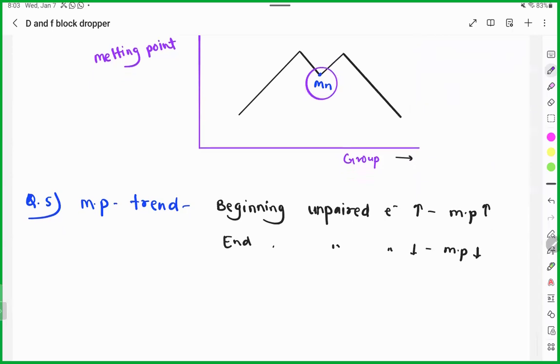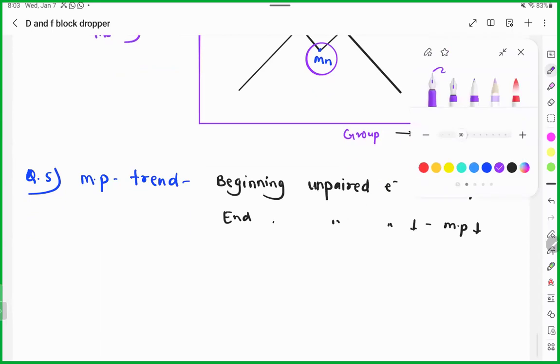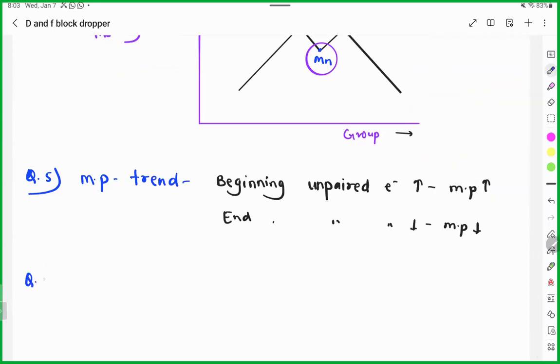Sir, maximum oxidation state. But maximum oxidation state means maximum unpaired electrons, so it should be more. And the same thing happens in technetium, Tc. For example, this is for the 3d series.